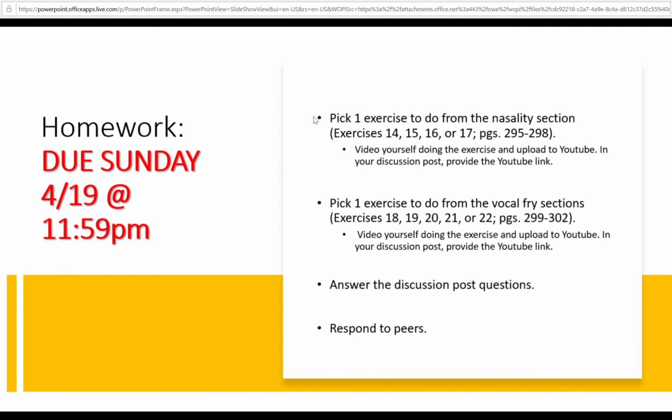Then I want you to also pick one exercise to do from the vocal fry section. This can be found in exercises 18, 19, 20, 21, or 22, on pages 299 to 302. So just pick one exercise from nasality and one exercise from vocal fry.